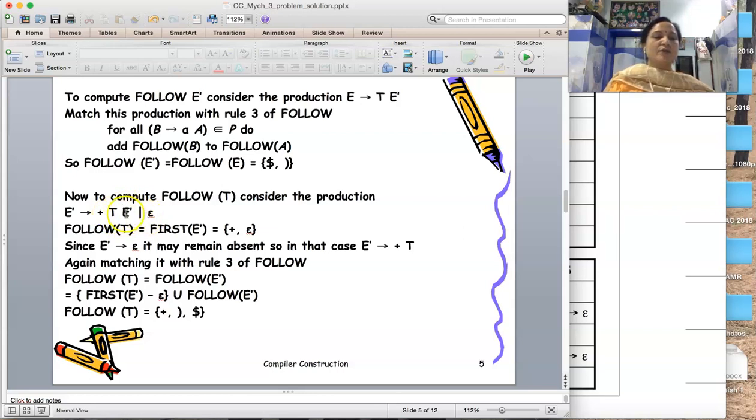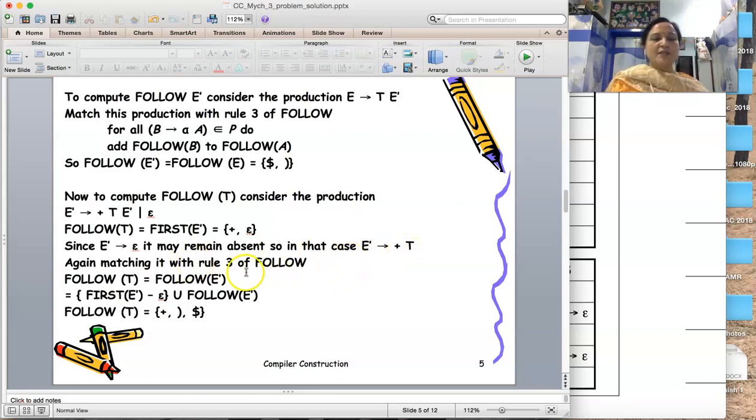E dash is following T. So follow of T equals first of E dash minus epsilon, because as per the rule we should take the terminal symbols except epsilon, because epsilon doesn't have any meaning, it is an empty string. So first of E dash is plus comma epsilon. Since E dash tends to epsilon, it may remain absent. So in that case we have to take E dash tends to plus T.